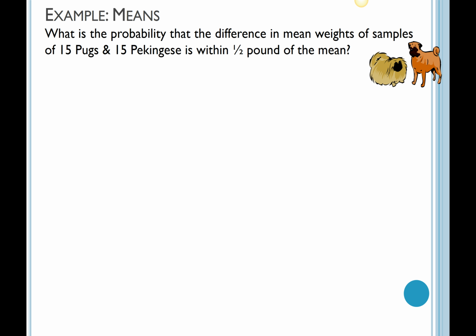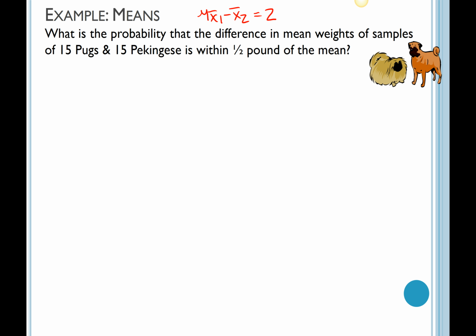That's it. On the next one, we're going to say: what is the probability that the difference in mean weights of samples of 15 pugs and 15 Pekingese is within 1/2 pound of the mean? Well, the mean of x bar 1 minus x bar 2 was 2 pounds.